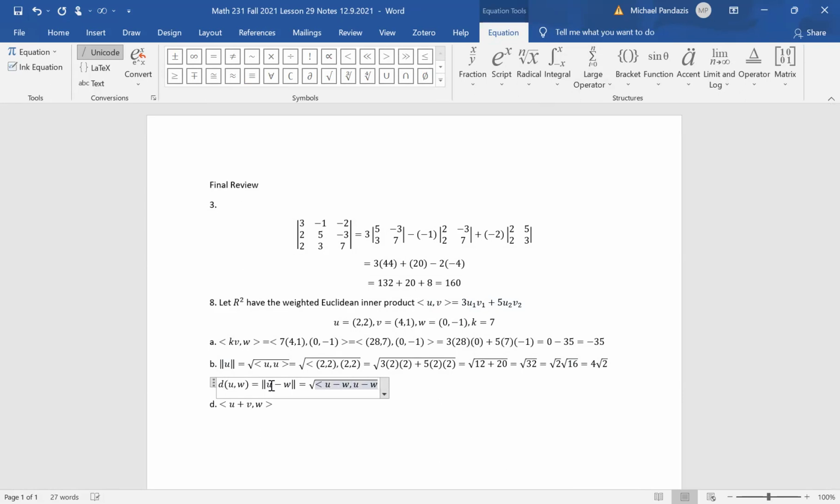So actually let's do u minus w first. u is 2, 2, minus w, which is 0, negative 1, and then comma, the same thing, u minus w, so it's 2, 2, minus 0, negative 1.